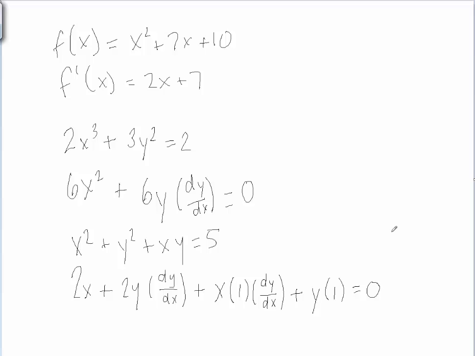And then the derivative of the constant 5 is just 0. So any place where there's a variable other than the x's, we have to do this two-step, or this chain rule. So find the derivative of the y squared, just 2y, and then multiplied by derivative of y with respect to x.